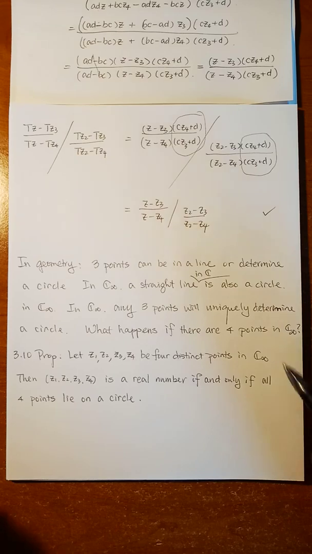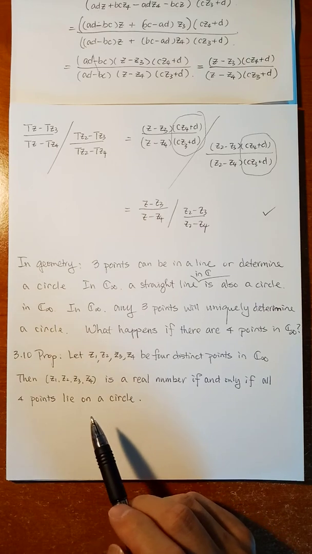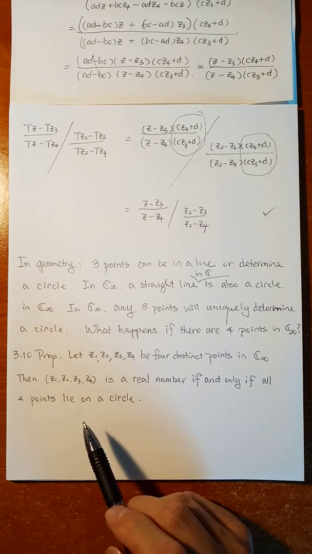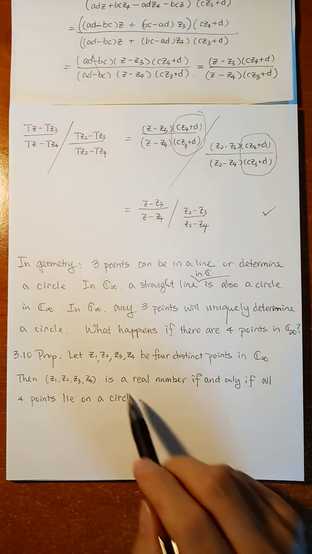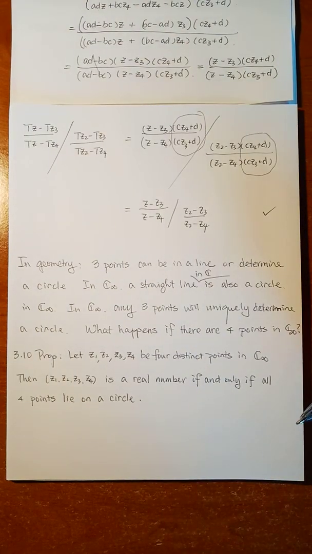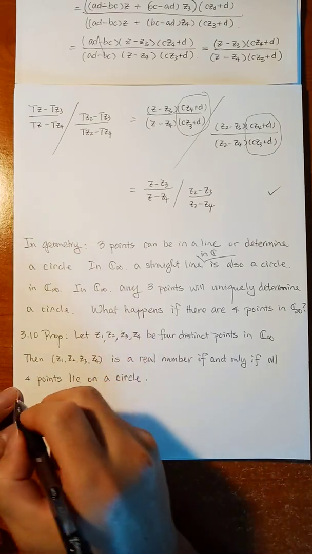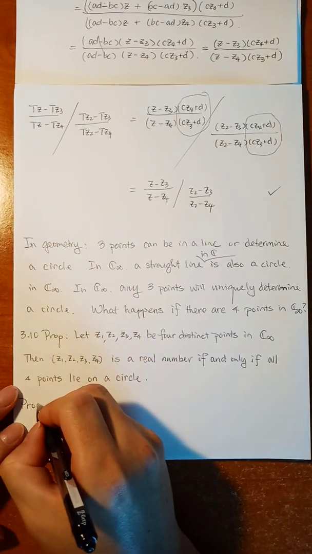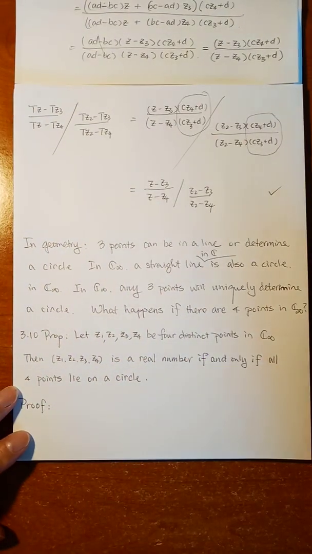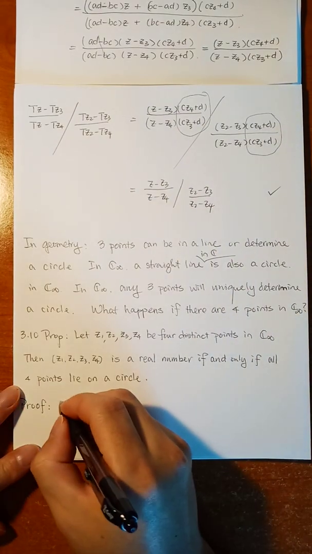So when can we say 4 points lie on a circle in C infinity? We will check the cross ratio. If the cross ratio gives us a real number, then they are on a circle. Okay, it's very cool. Now let's see what happens. Let's define this cross ratio.